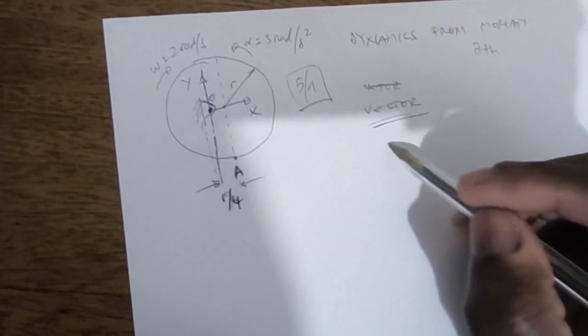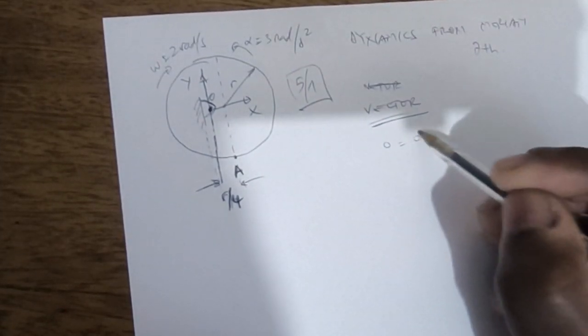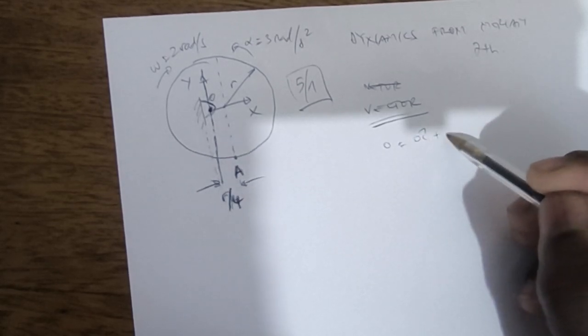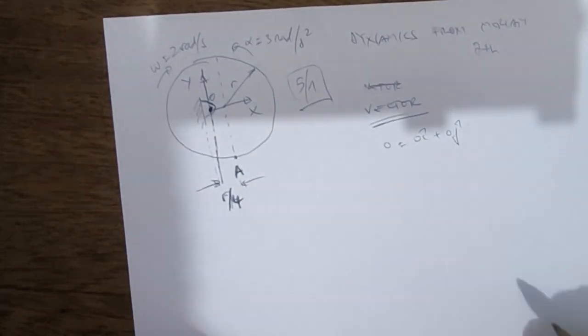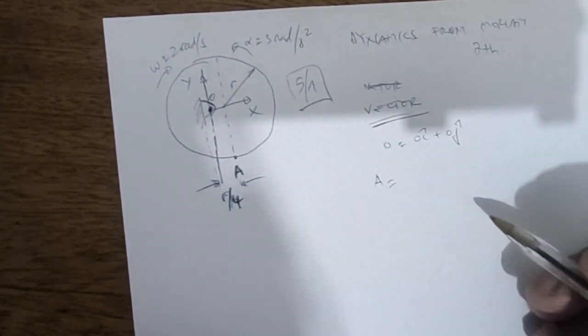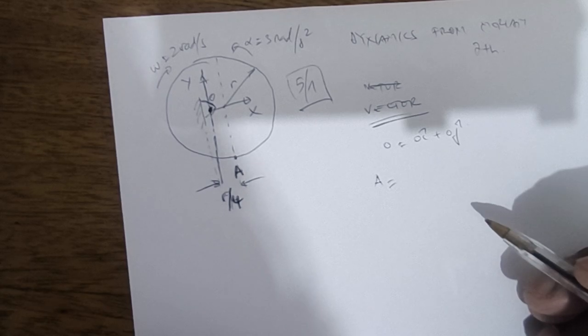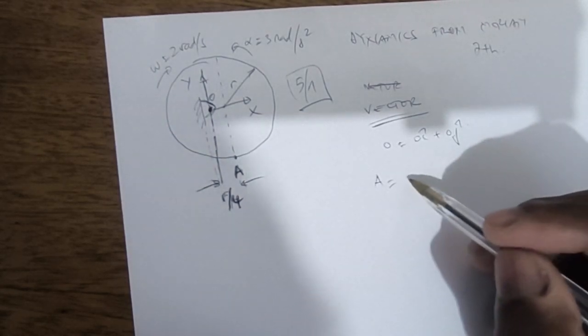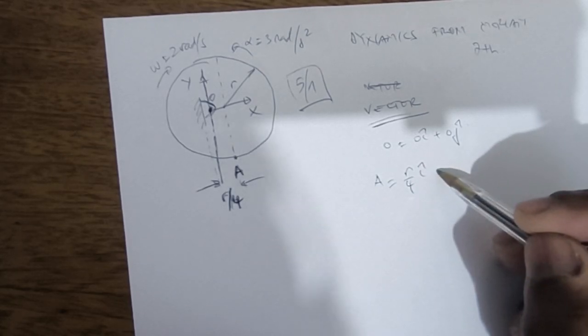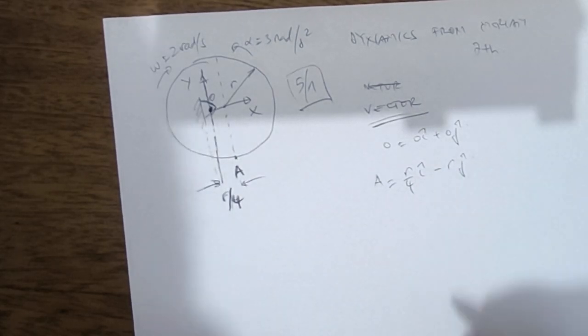From here, I will say that the point O has coordinates 0 i plus 0 j, and the point A is R quarter i minus R j.